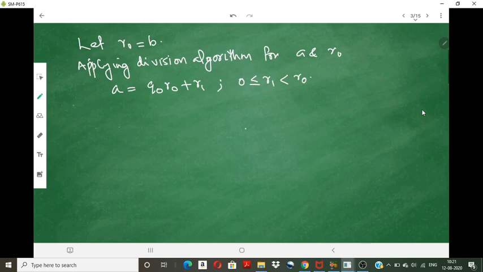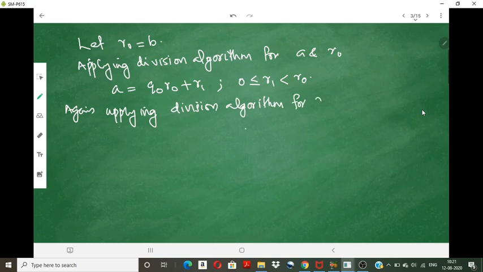Now again applying the division algorithm for r naught and r1. Why are we applying it in this manner? We know by theorem 3.1 that the GCD of a comma b, or the GCD of a comma r naught, is the same as the GCD of r naught comma r1.